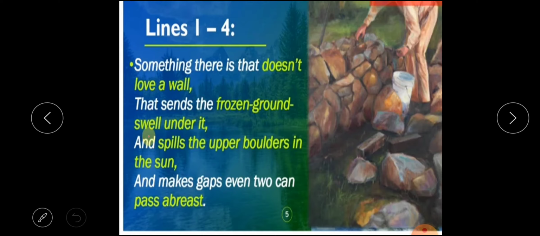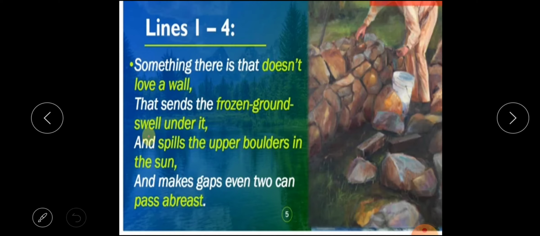swell under it and spills the upper boulder in the sun. So here these lines present a powerful image of something, right? We read here something which causes the cold ground under the wall to swell and burst, because Robert Frost is saying that there is something, it may be nature.